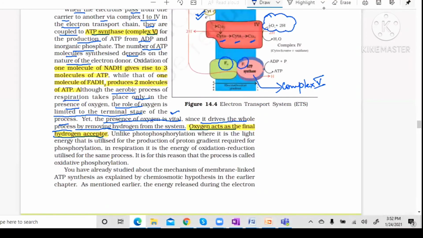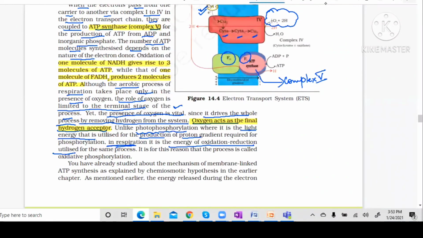So now see carefully. In photosynthesis, light energy is used for the production of the proton gradient, that is why we say photophosphorylation. But in respiration, it is the energy of oxidation and reduction, because we are oxidizing one thing and reducing another.